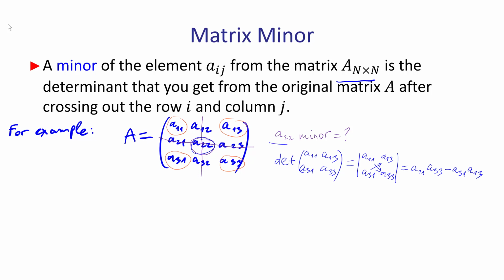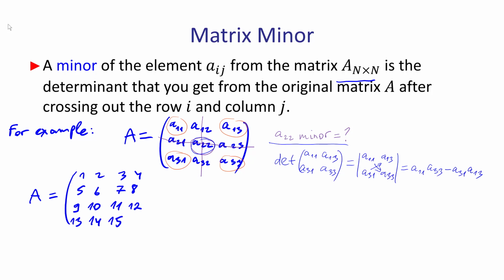This is the minor of A22 from the matrix A. Let's take another example. Let's say you have 4 by 4 matrix like that. 1, 2, 3, 4, 5, 6, 7, 8, 9, 10, 11, 12, 13, 14, 15, 16.